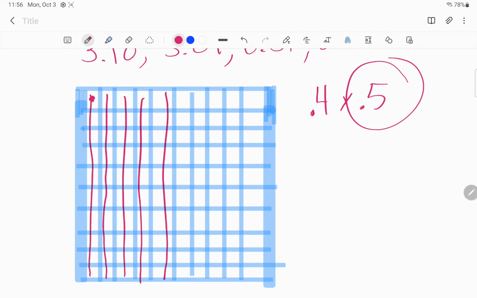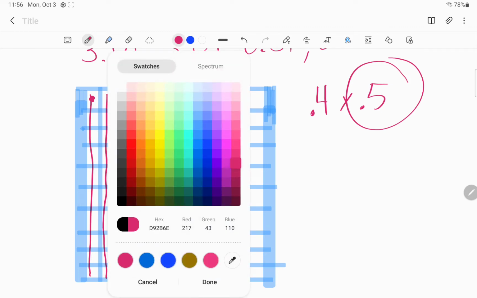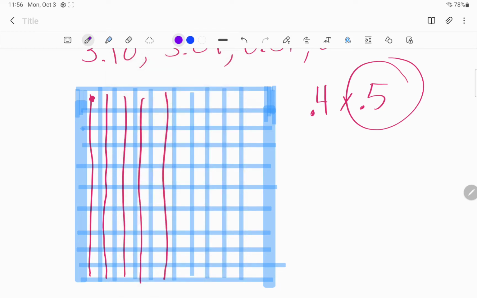All right, now you might be thinking 4 times 5, well, that's 20, so it should get bigger. But remember, we are multiplying parts of a whole. We're not multiplying a whole times a whole. So we're multiplying basically decimals, which are fractions or part of a whole number.